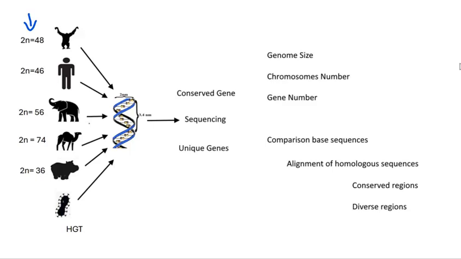And so this is perhaps one of our first stopping points in looking at genetic diversity: the chromosome number. But of course, as was previously shown in other videos, there appears to be no relationship between genome size and complexity.